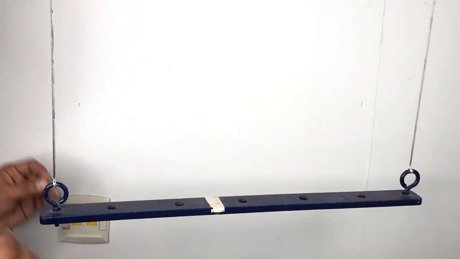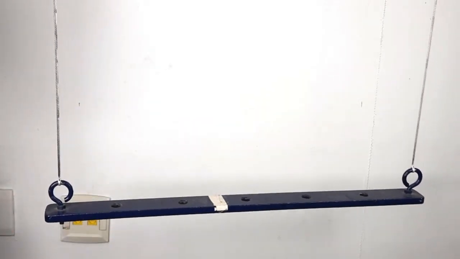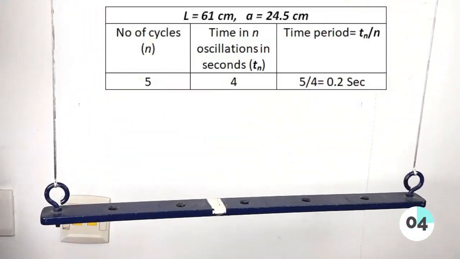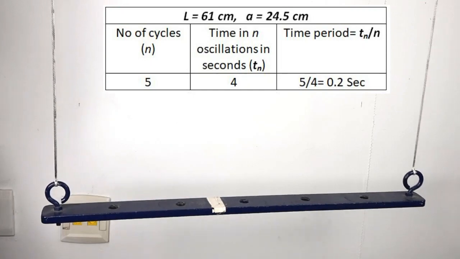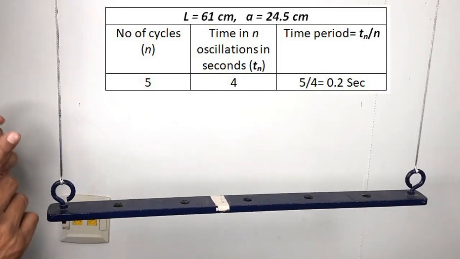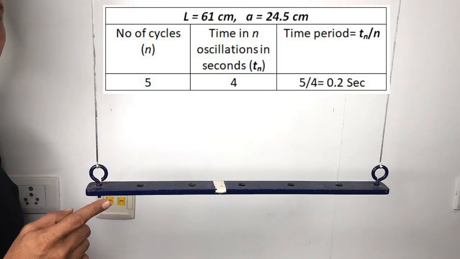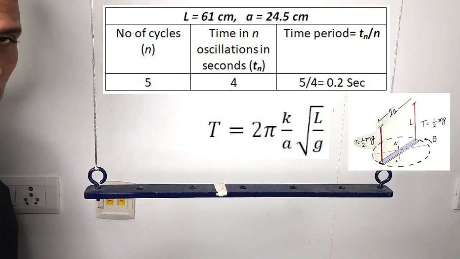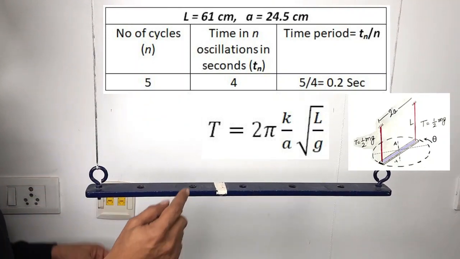Please remember, if you are not able to measure one cycle, you can measure 5 or 10 cycles and then average to find the time period. Once you get the time period of this bar, you can apply the formula where the a value and L value are given, and then you can get the radius of gyration of this bar.